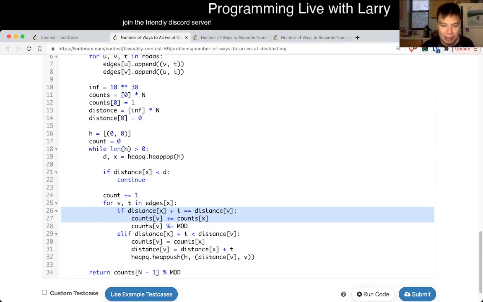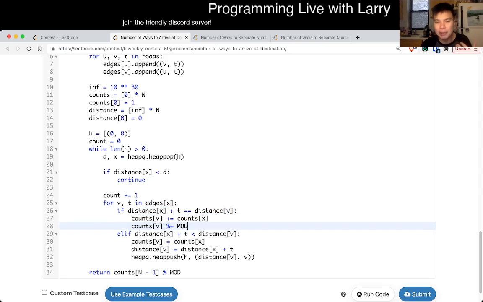And now, implicitly, you can say that one of the parents of V, there are multiple parents, and in this way, it's going to be a DAG. And in this way, one of the parents of V is going to be X. And in this case, you want to just go up that way.